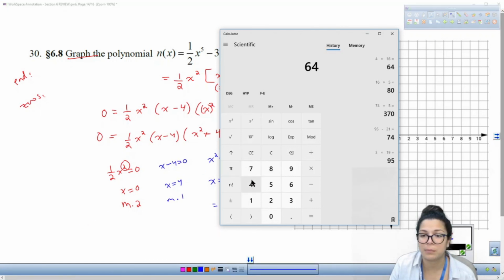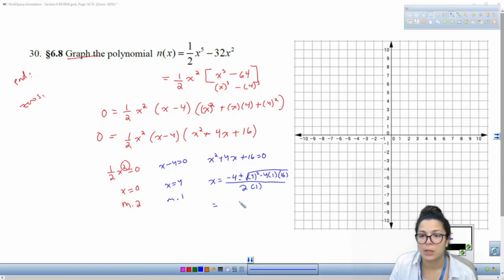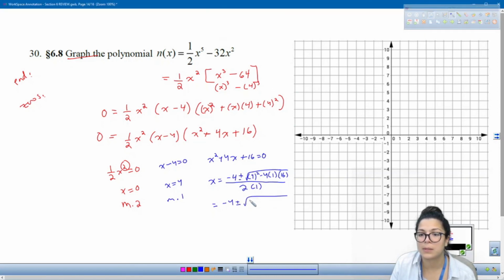Did I get that right? Yeah, 4 times 16 is negative 64. So we have negative 4 plus minus the square root of 16 minus 64 over 2.